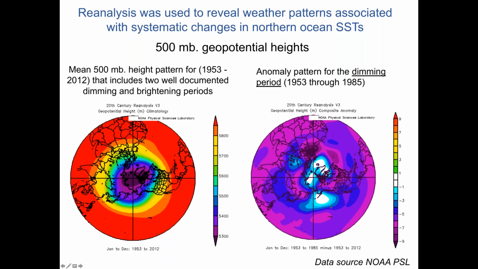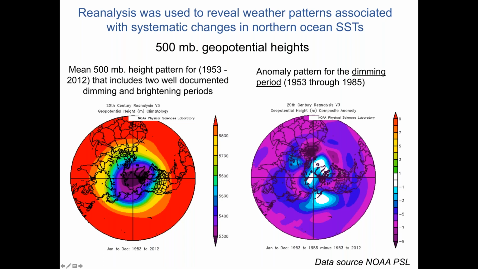And you get higher heights over the cooling waters of the North Atlantic and the North Pacific. I believe these cooling sea surface temperatures set up this Rossby wave. So you have high heights and then intervening, compensating low heights over the continents.